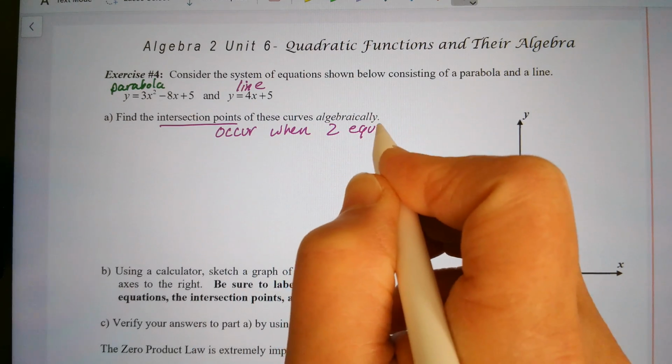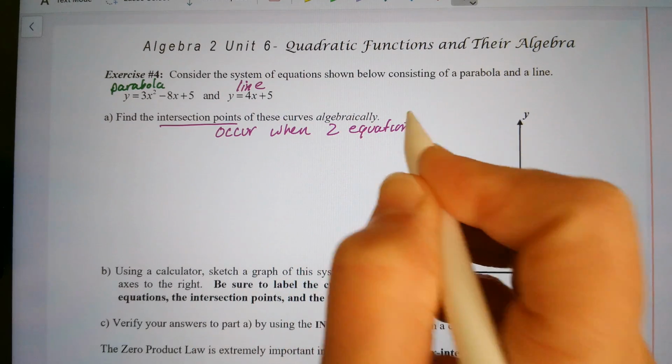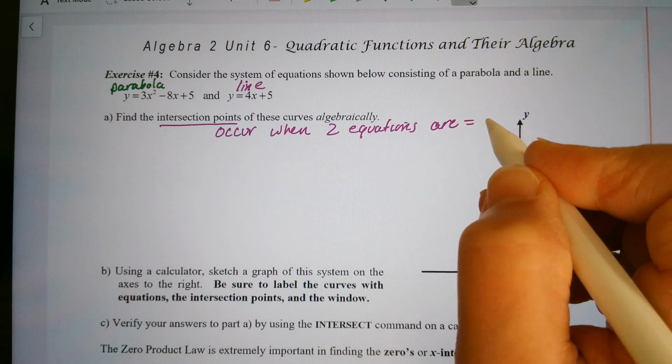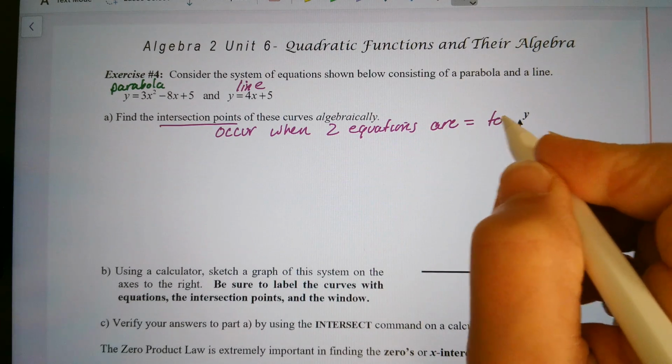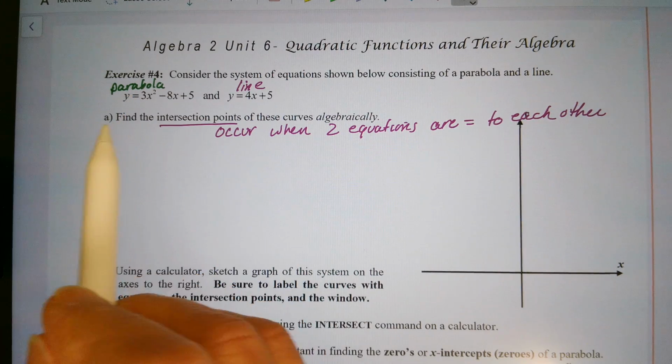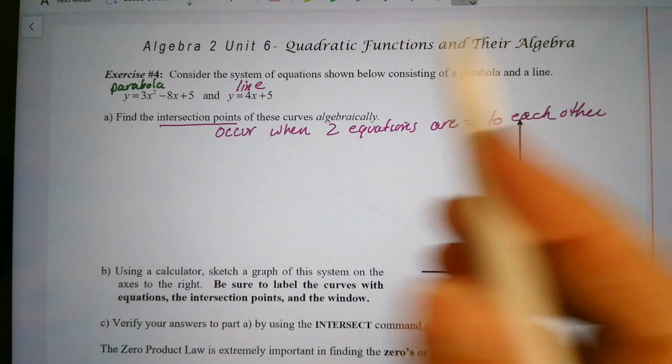The two equations are equal to each other. So algebraically, we set them equal to each other.